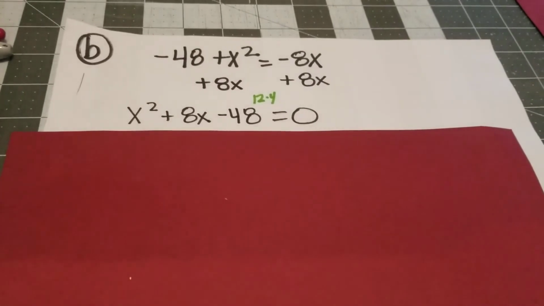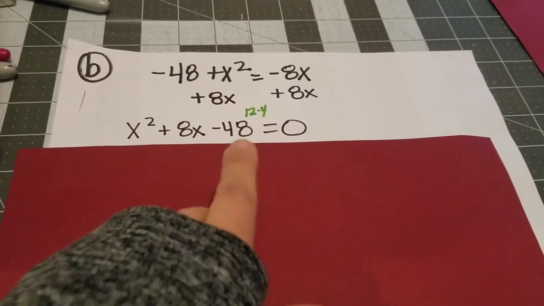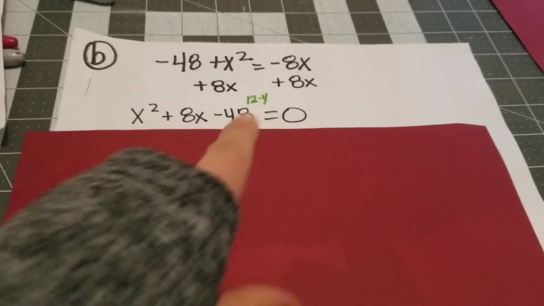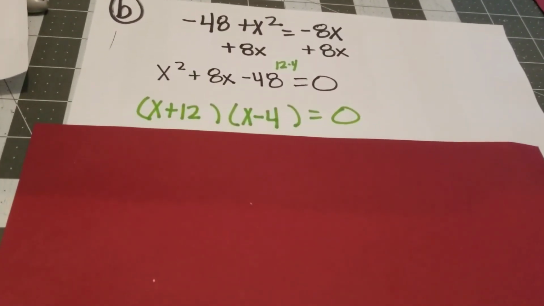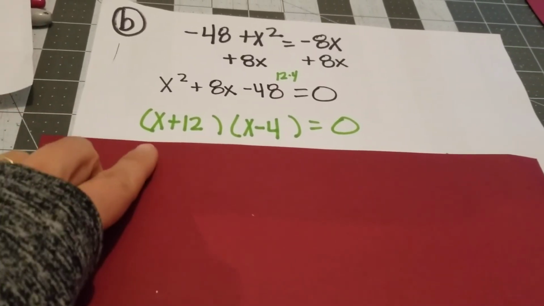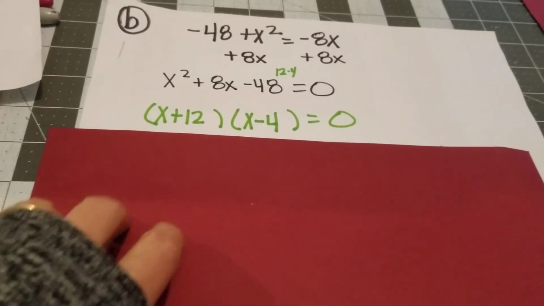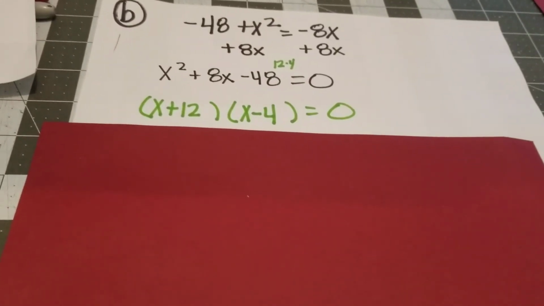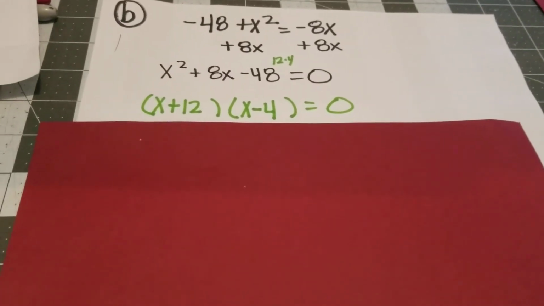I noticed that, again, my third term here is negative, so that's going to be a positive and a negative. So my 12 and my 4, when I subtract them, gives me my 8. So that's what I'm looking for. I'm going to have my x plus 12, x minus 4 equals 0. That's my factored form.